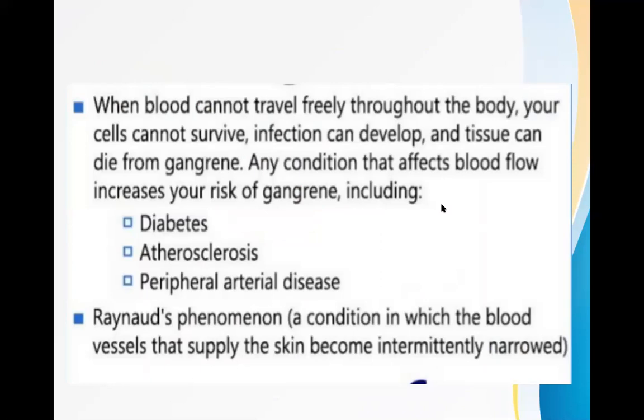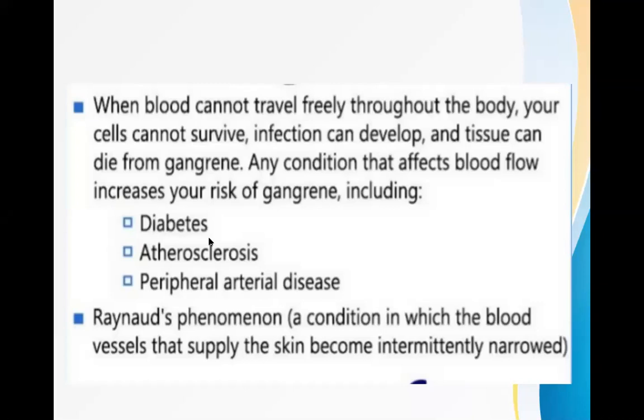So these are the common causes of gangrene: diabetes, atherosclerosis because of any other causes, and even peripheral arterial disease. Now diabetes can lead to gangrene because of atherosclerosis, because atherosclerosis has so many different risk factors, and diabetes is one of the important ones.